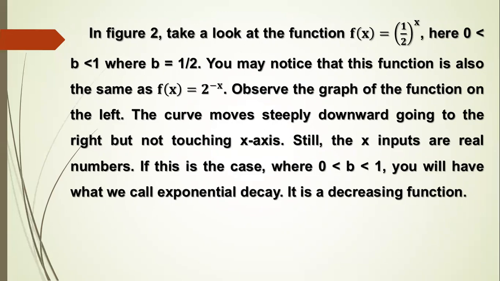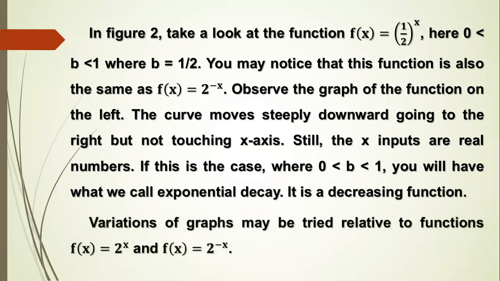Still, the x inputs are real numbers. If this is the case, where b is greater than 0 but less than 1, you will have what we call exponential decay. It is a decreasing function. Variations of graphs may be tried relative to the functions f of x equals 2 raised to x and f of x equals 2 raised to negative x.